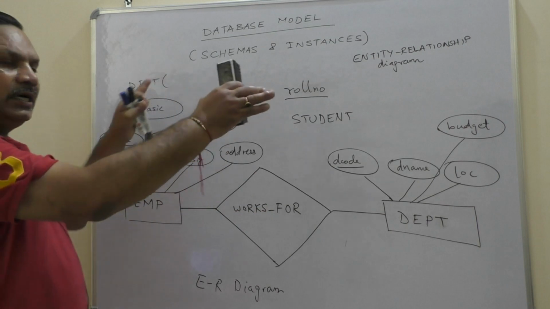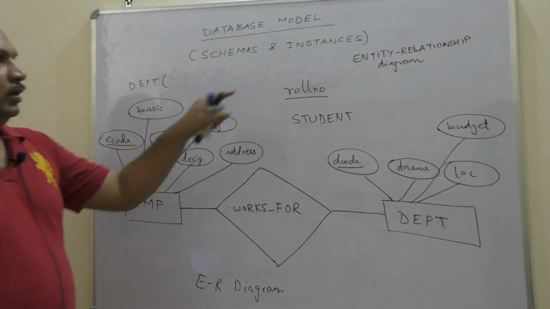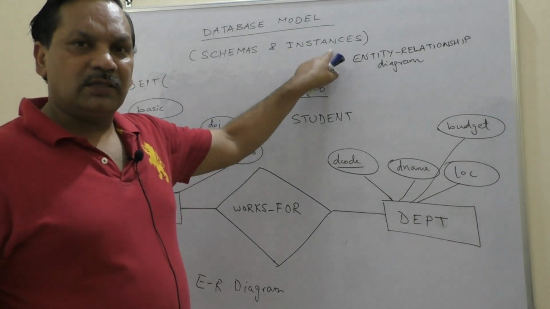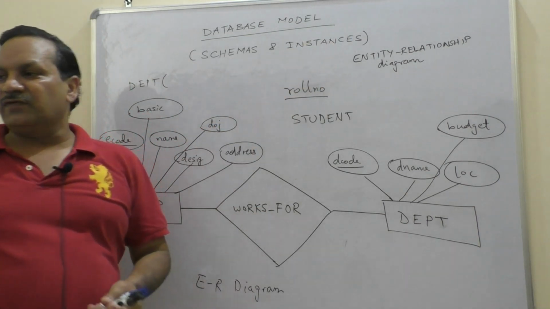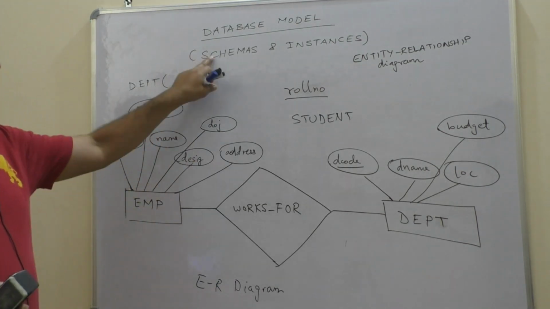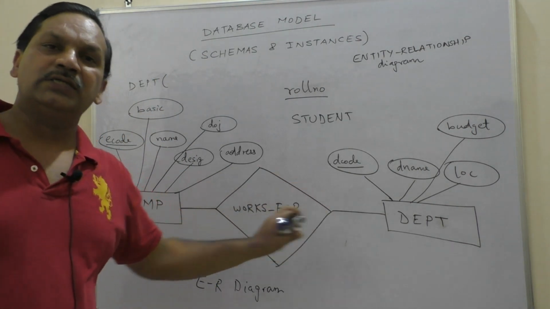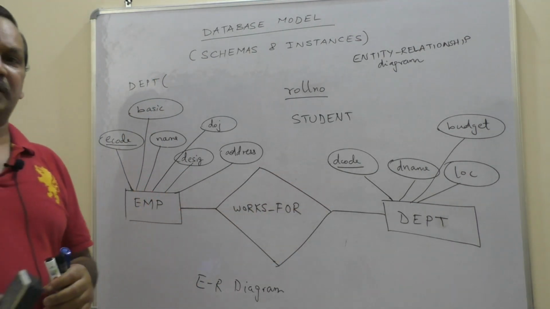Now, this is nothing but a data model or schema which I am showing you. Are you getting it? Now, you might be seeing this word instance. What is the difference between schema and instance? Database schema refers to the set of entity sets or relations or tables you have in an entire database system. Clear?